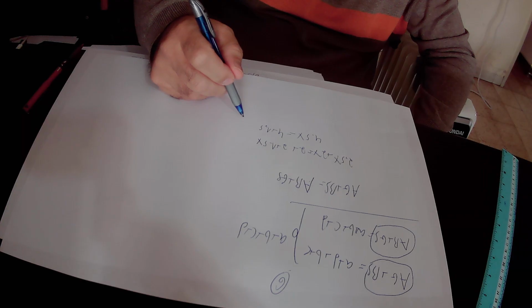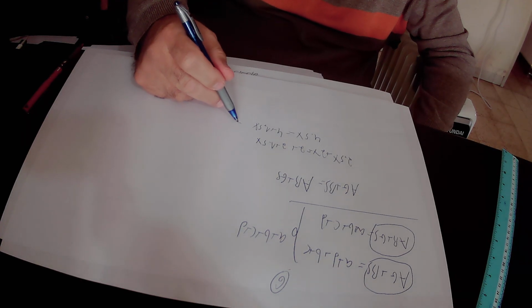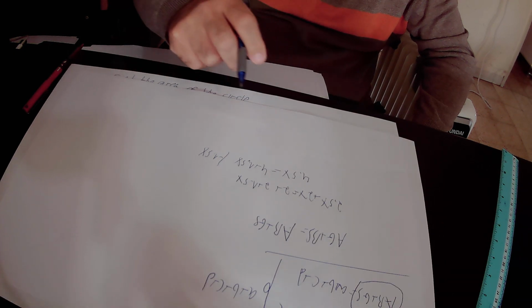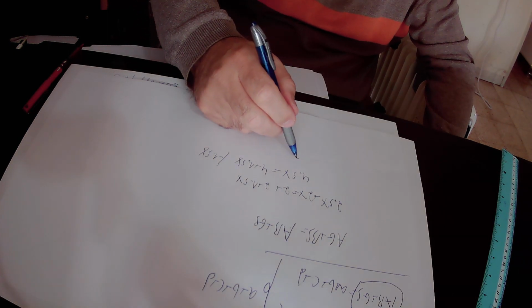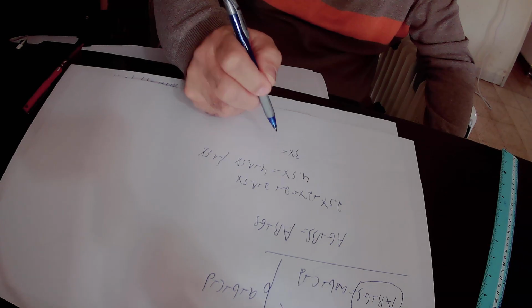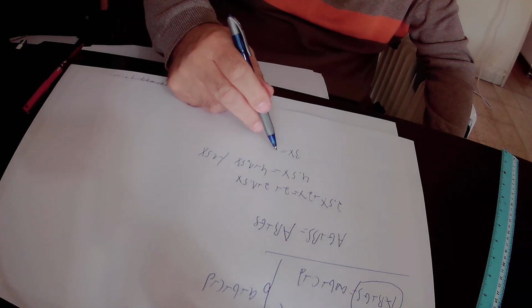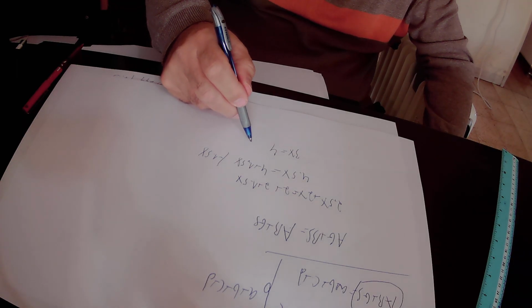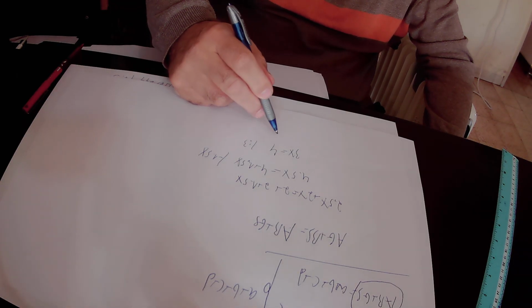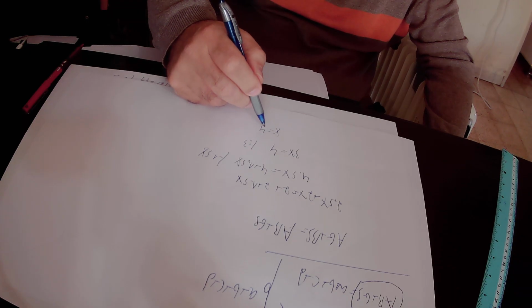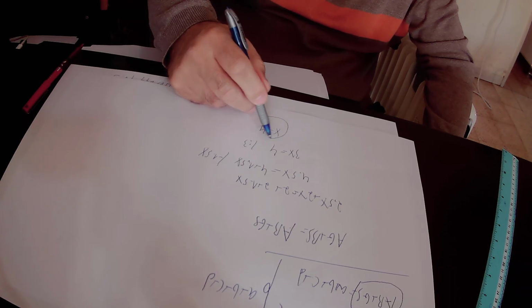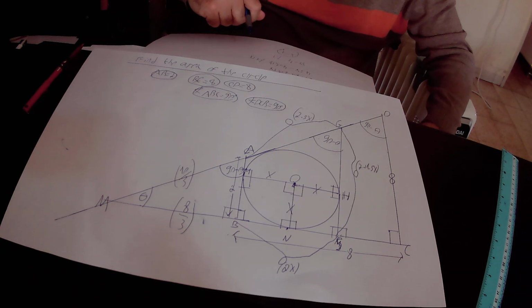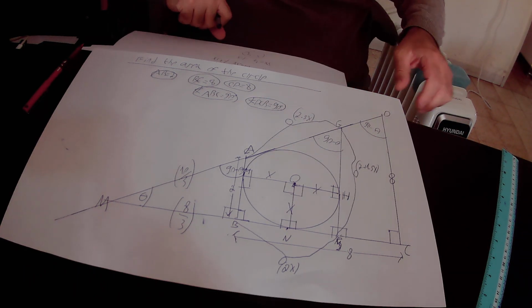Here we subtract 1.5x from this equation, and we get that 4.5x minus 1.5x is 3x. It equals 4. We divide this equation by 3, and finally we get that x equals 4 over 3 units. That is to say, the radius x of this circle equals 4 over 3 units.